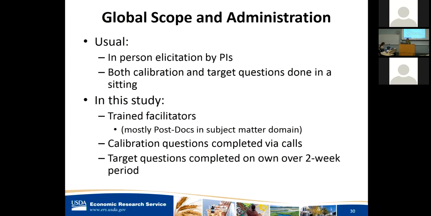In terms of administration, the global scope of the study led to some changes in the way this is normally done. Normally, expert elicitation, the way Roger has done it in general, is one-on-one interviews. That just wasn't possible given the scope of the study.